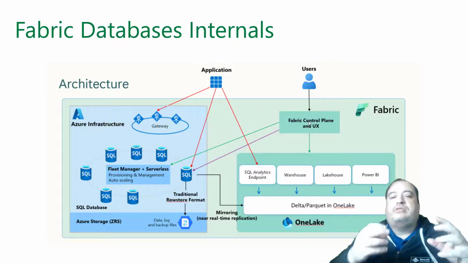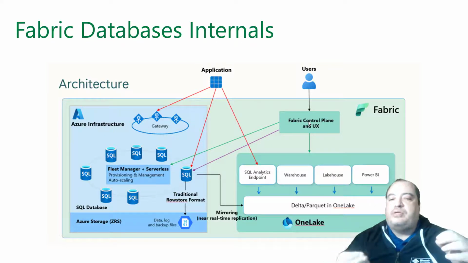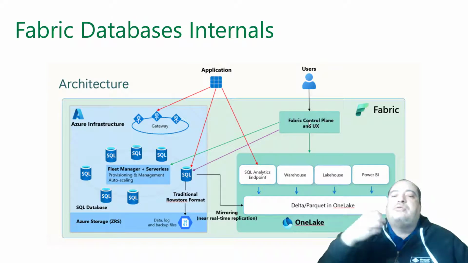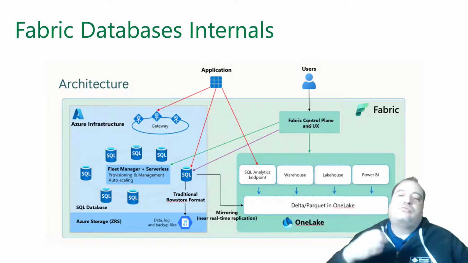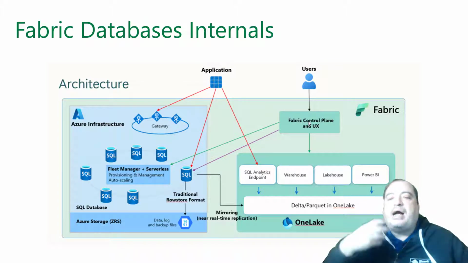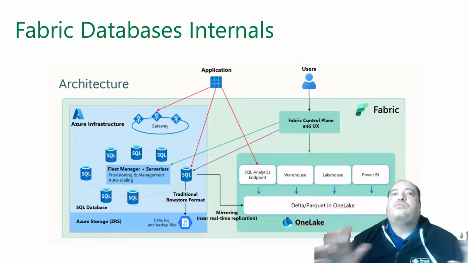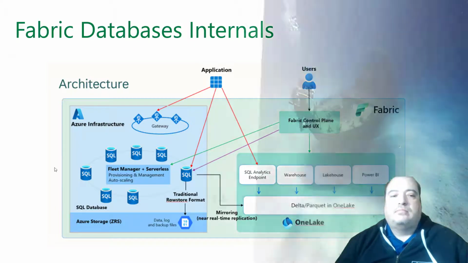In this way, you can use this data through shortcuts in Lakehouse, consuming it in Power BI, and so on. You'll be consuming the mirrored data in OneLake, and you'll not even notice that this is happening.